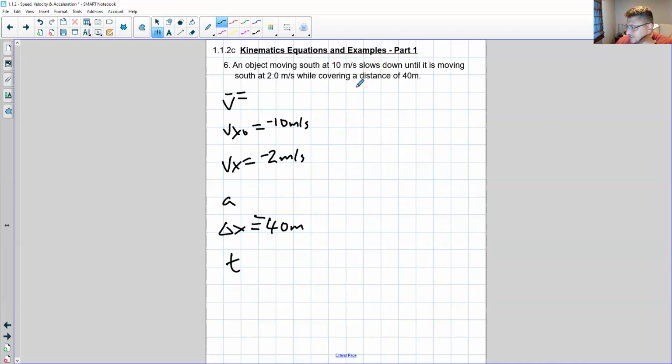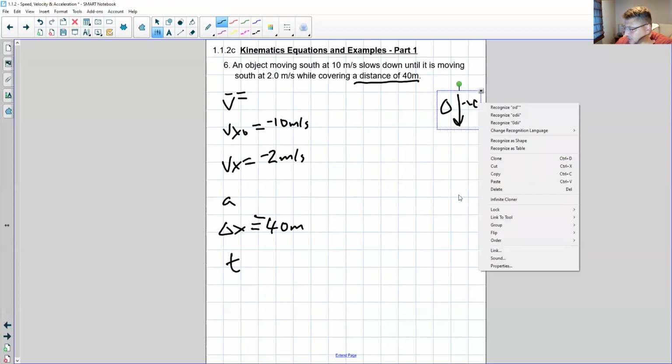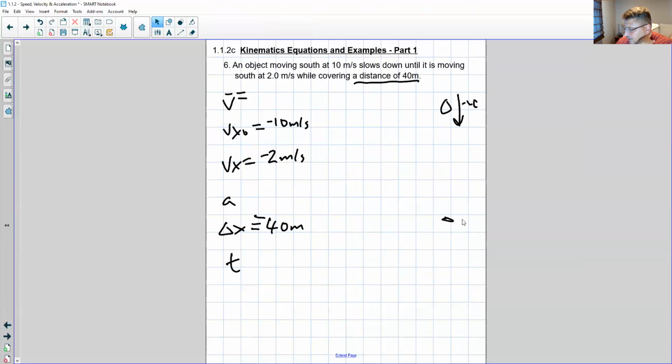Why? Because this tells me a distance of 40 meters, but I was traveling south. I was going south at negative 10, and I end up going south at 2. So I go from negative 10 meters per second to negative 2 meters per second.